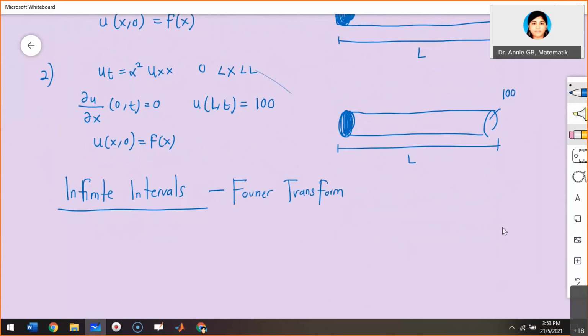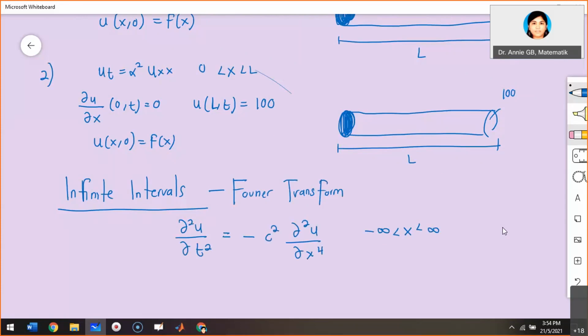Okay, so let's look at this. Saya nak bagi contoh yang senang untuk kita solve. Let's look at this problem here. Partial squared u over partial t squared equals to negative c squared partial fourth u over partial x to the fourth. Now, x is from minus infinity to infinity.